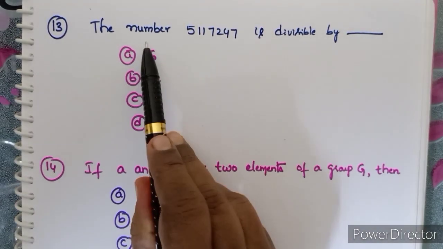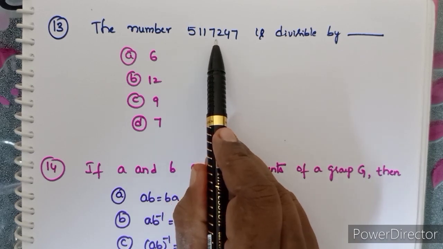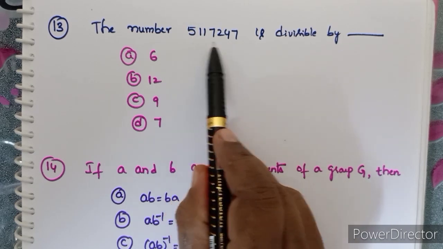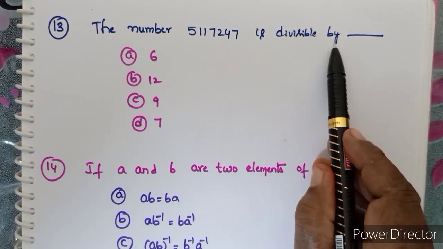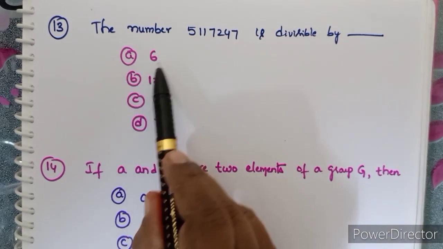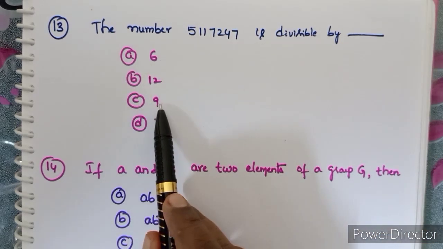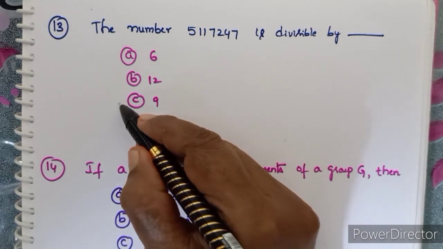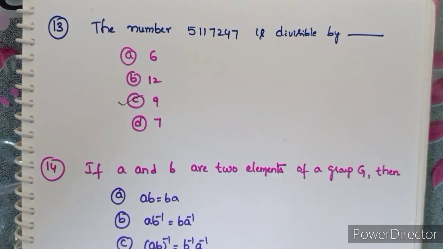13th question. The number 5117247, this is a 7-digit number, is divisible by which number? A, 6. B, 12. C, 9. D, 7. Option C is correct. It is divisible by 9.